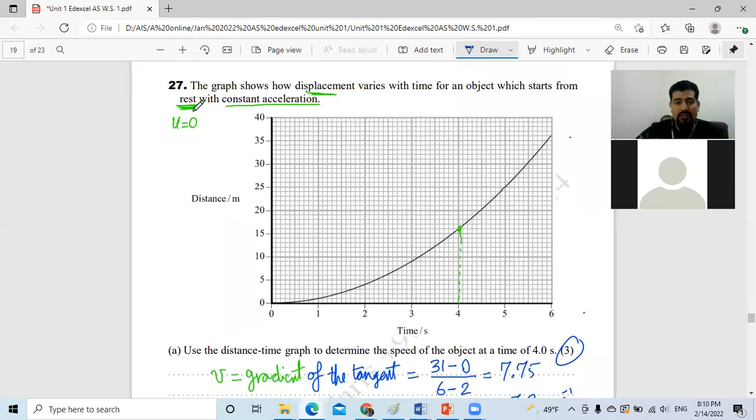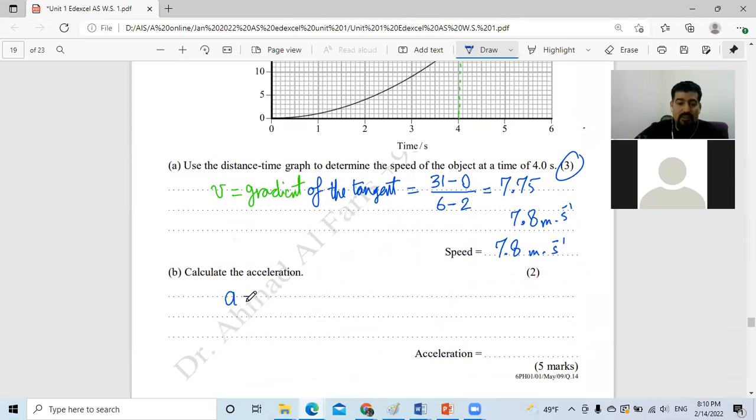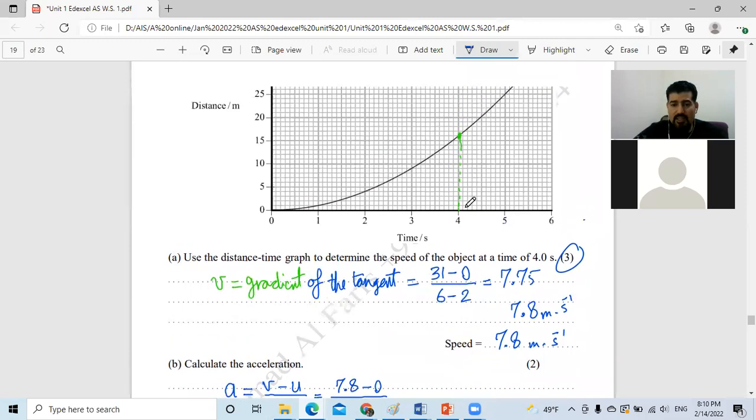They told us that it starts from rest and has a constant acceleration. So acceleration equals what? V minus u divided by t. And v is the final velocity that we just found out. 7.8 minus u, which is 0, divided by the time. How long was the time?